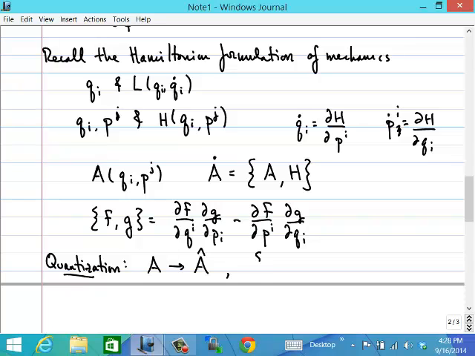And the Poisson brackets are promoted to commutators. So the commutator of two observables is equal to i h bar times the Poisson bracket. I guess usually we write that as the Poisson bracket then becomes 1 over i h bar times the commutator. So for example, the Poisson bracket of p with q is equal to 1, which gives us the fundamental commutation relation of quantum mechanics, that the commutator of p and x is equal to i h bar.